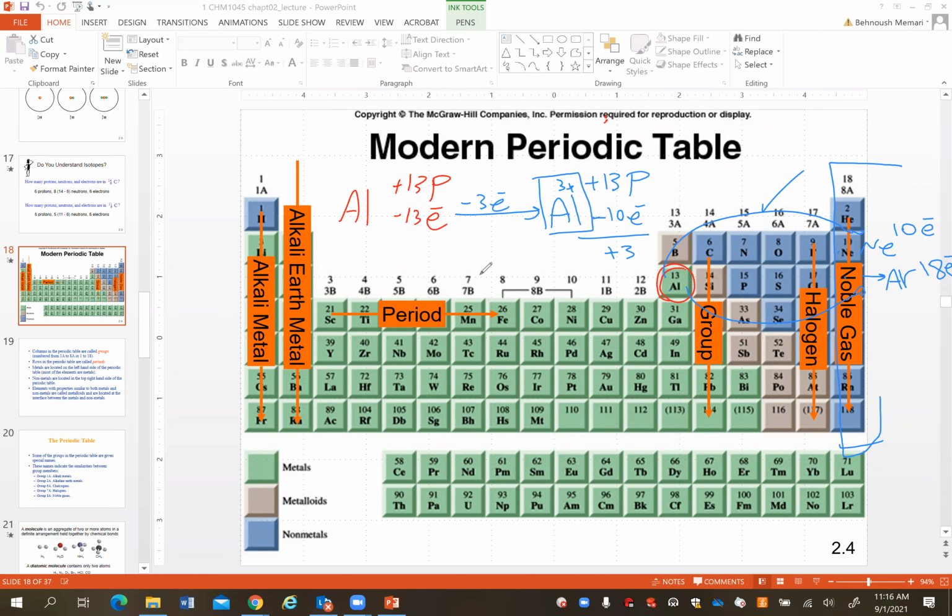Now, oxygen wants to be more stable because as it is, it is not stable. It's not like one of the noble gases. What needs to be like one of the noble gases is the number of electrons.